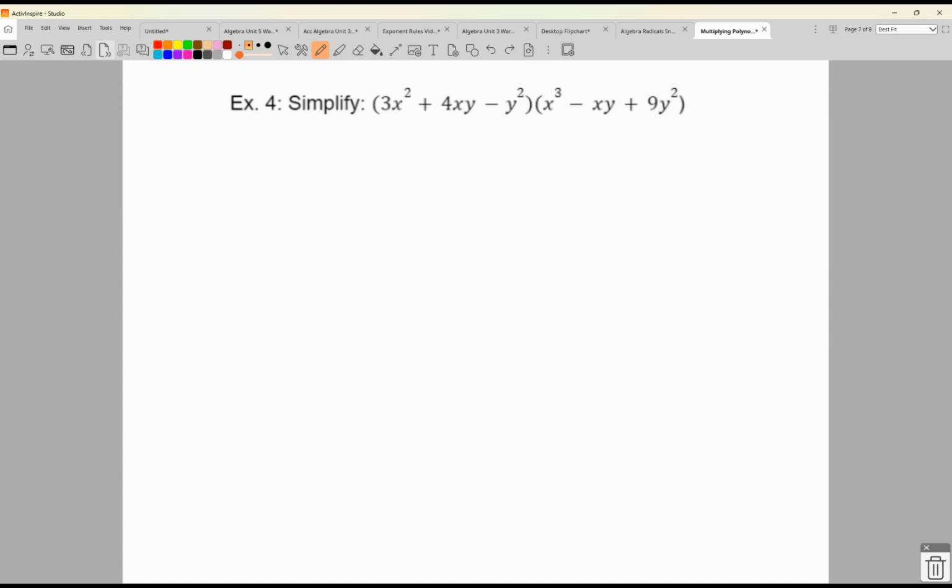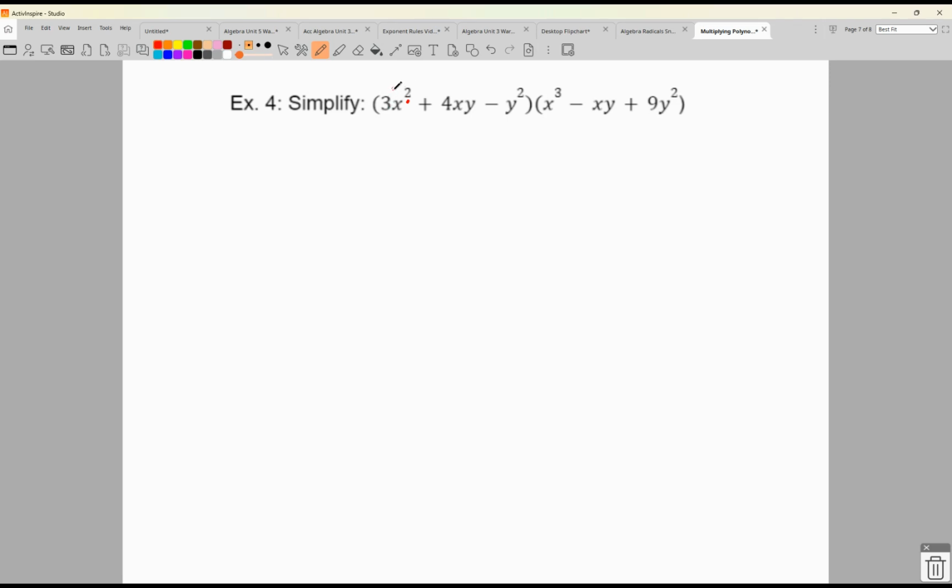For our final example, I've got a trinomial times a trinomial. One thing you'll notice is I've got two variables here, x and y. I personally am going to use the double distributive property.